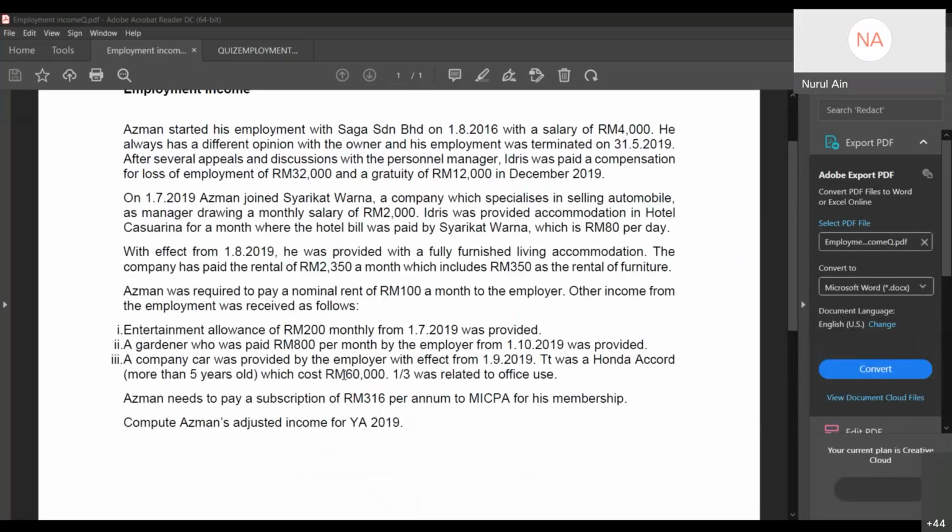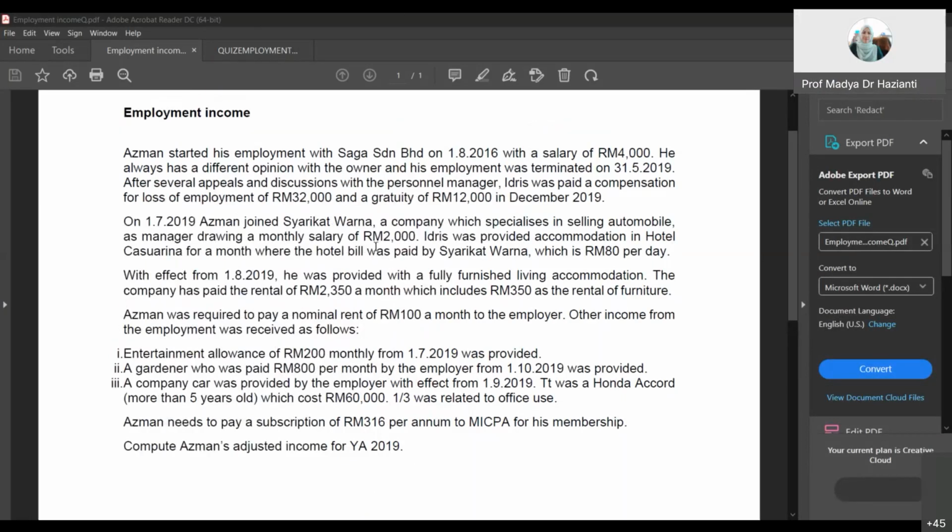So for this one pun sama juga, kita ada buat both. This is dia kerja dengan dua tempat. So untuk Faizul dia satu tempat je.